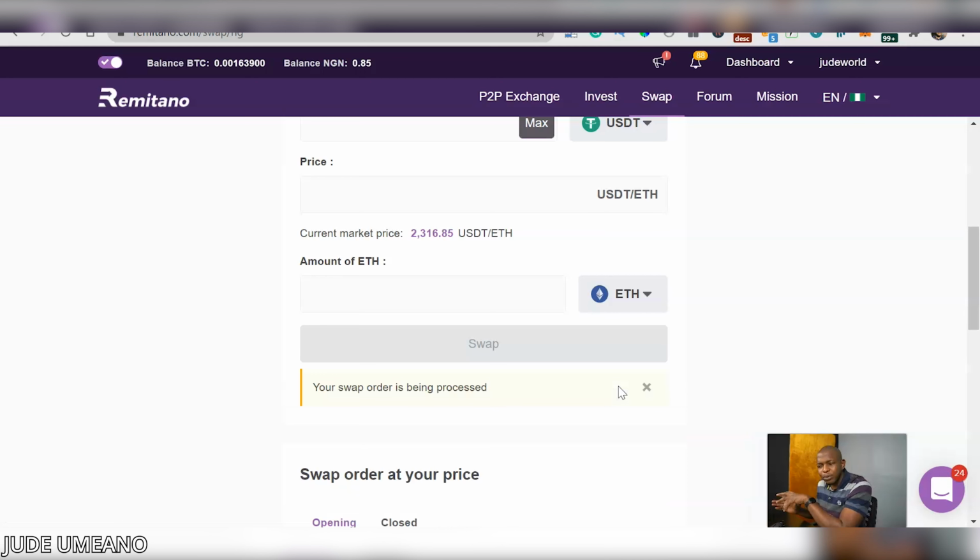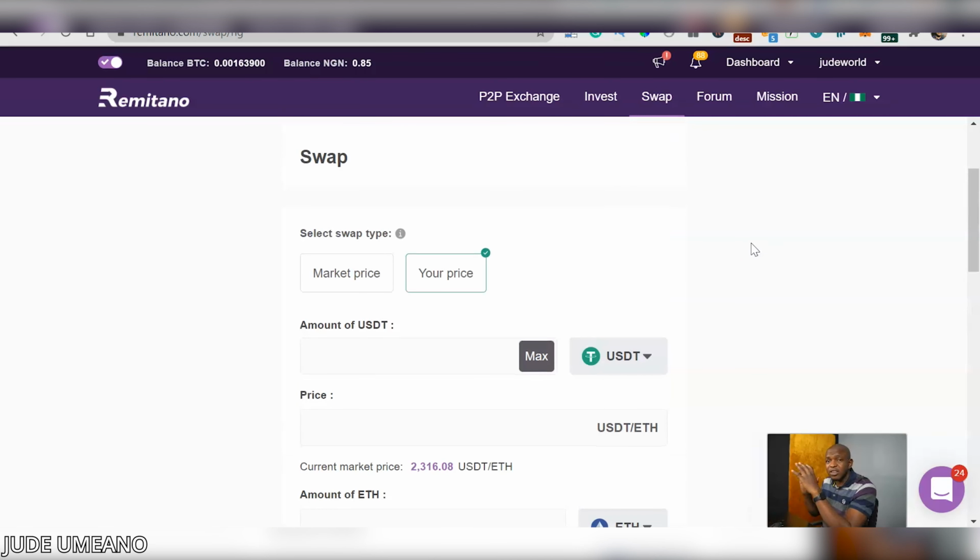When that happens, I can then do another swap from Ethereum to USDT if I believe it's going to get to $3,000 and drop again. This way, I can keep on swapping. You can just set your price after you've done your analysis and leave it. So that is that on the Remitano swap feature.